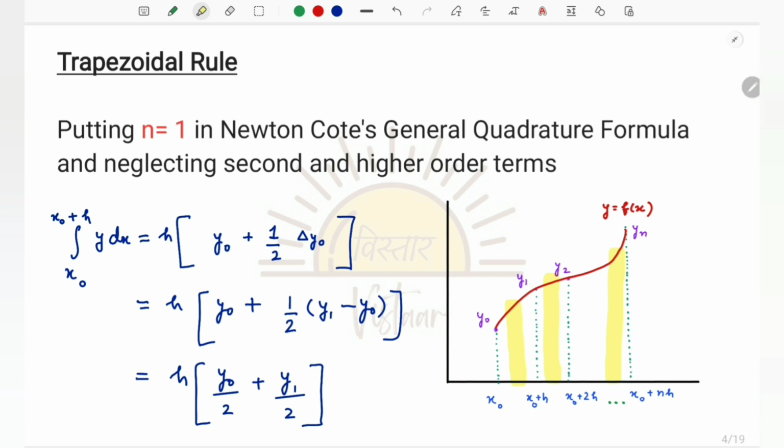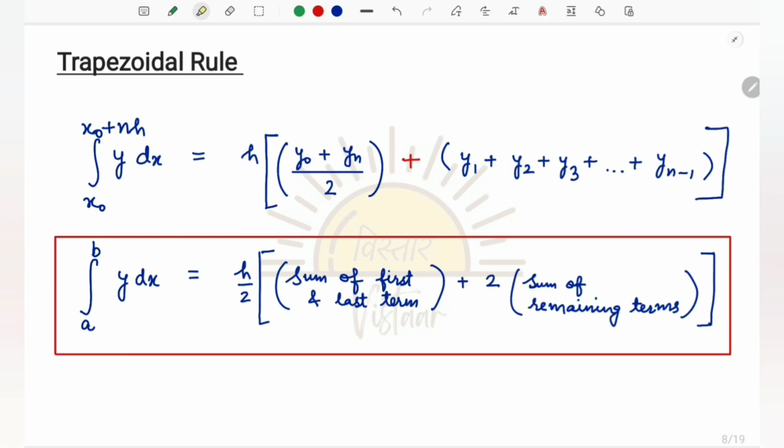By summing up the areas of these geometric shapes, which is trapezoid in this case, we can get an approximate value of the total area under the curve, which corresponds to the value of the integral. So this is it. This is the trapezoidal rule.